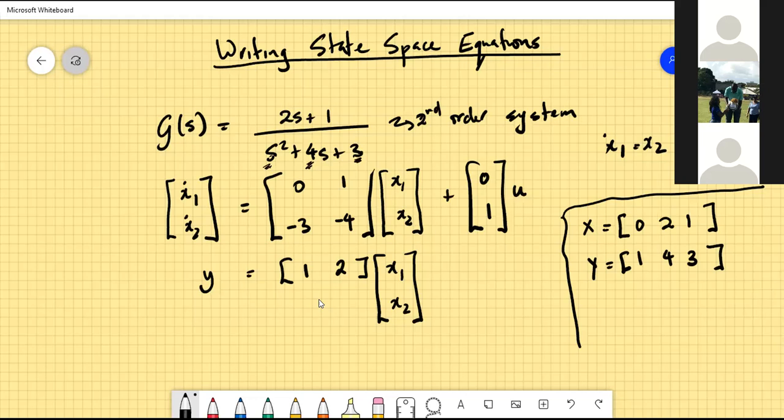Then you write g equals tf(x, y), and it will write our equation as shown here.